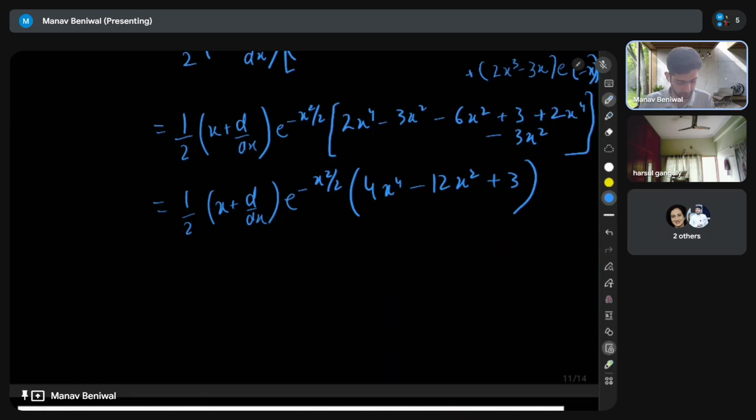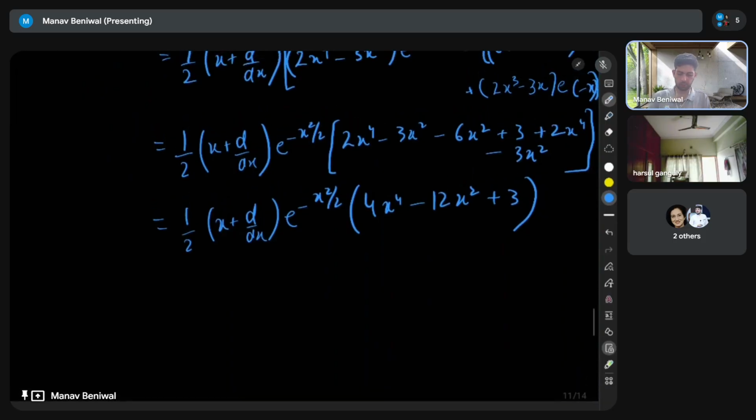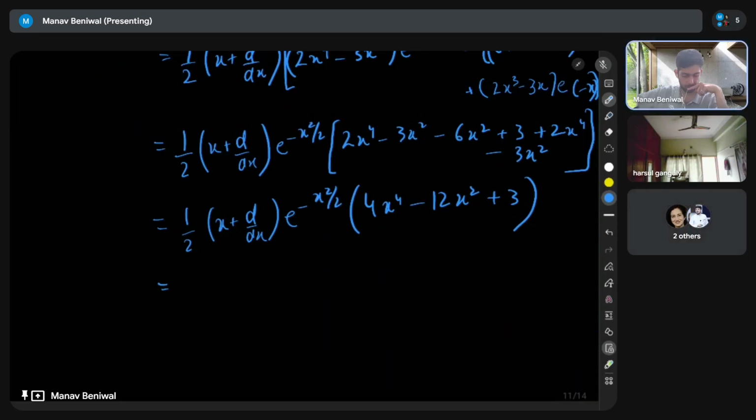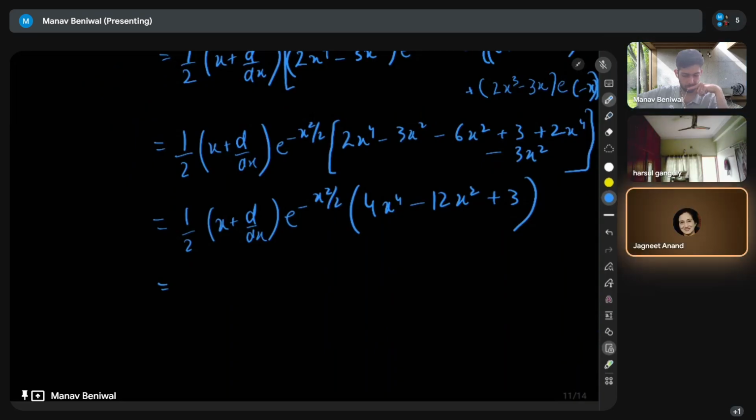So then again, now we have to do this thing again. So what do we get this time? And this is, I think, 4x to the 4 minus 6x squared minus 6x plus 3. Is it?